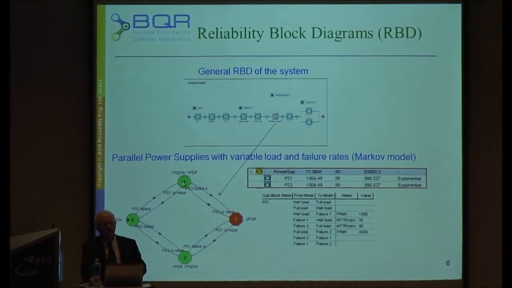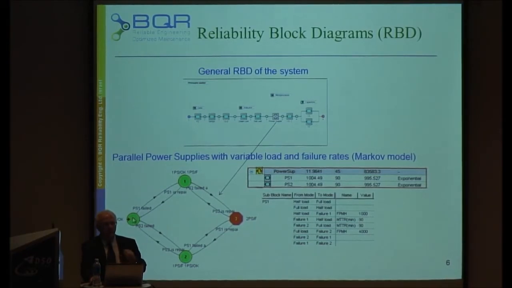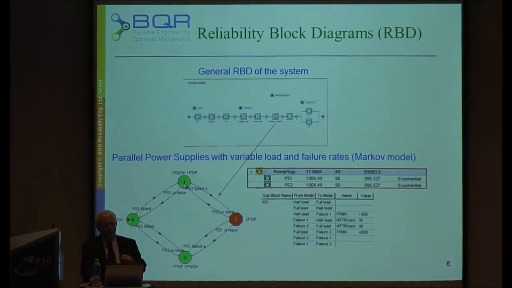So the second takes the whole power, but we need to do a maintenance action to repair the faulty power supply. If we repair it, we go back. So this is also for the other power supply. Now, if we have the first power supply failed, and we wait long enough, then the second power supply happens to fail, then we have a system failure.